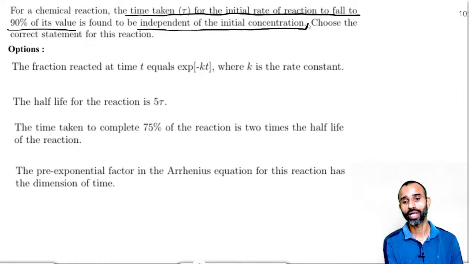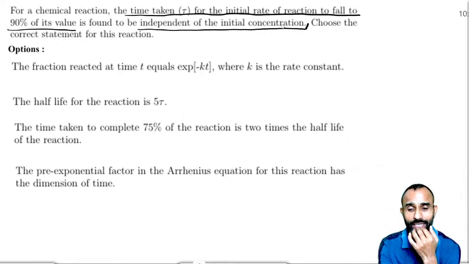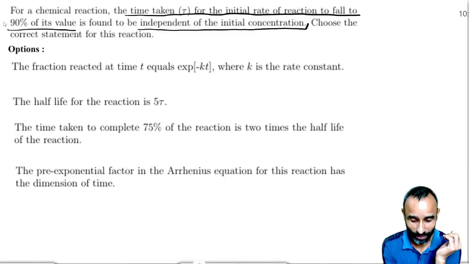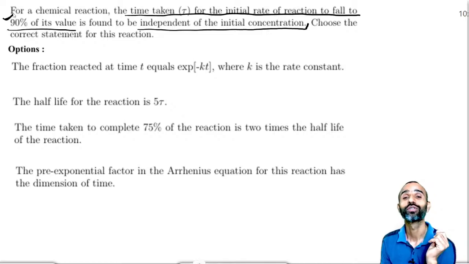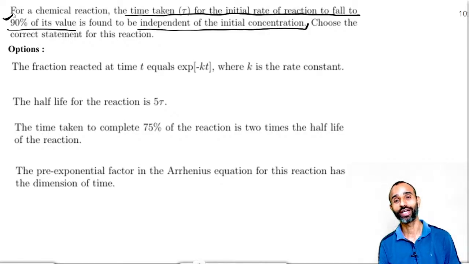Can you tell me what is the order of the reaction? Yes, beta. It is fraction 90%. Time taken for 90% of its value is independent. That means it is a first order reaction.